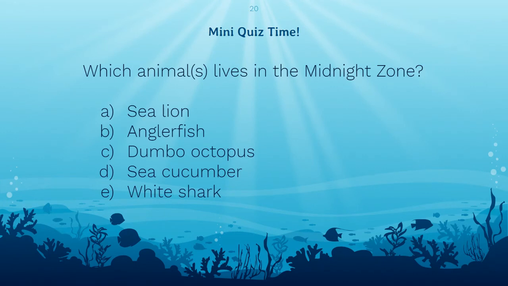I'll give you a few seconds to think of which ones live in the midnight zone. Okay then, if you said anglerfish, you are correct. And if you said Dumbo octopus, you are correct. The Dumbo octopus is that video I showed you guys, and the anglerfish is the one that has that lamp-like thing hanging from its head.